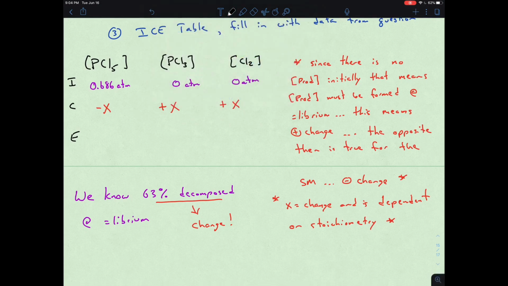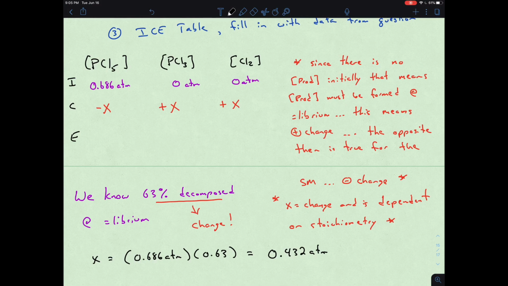So if I were to figure out the actual change, then I would say, well, change would be equal to my initial pressure of the phosphorus pentachloride times the change, which is 63% or 0.63, and we find our change to be equal to 0.32 atmospheres.